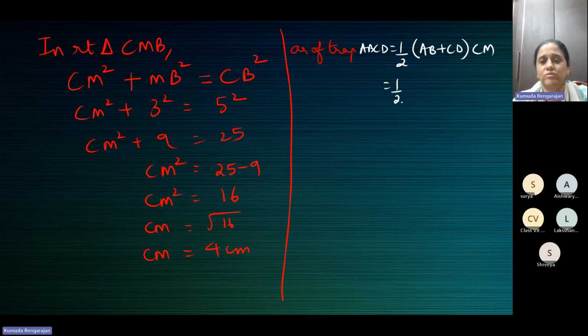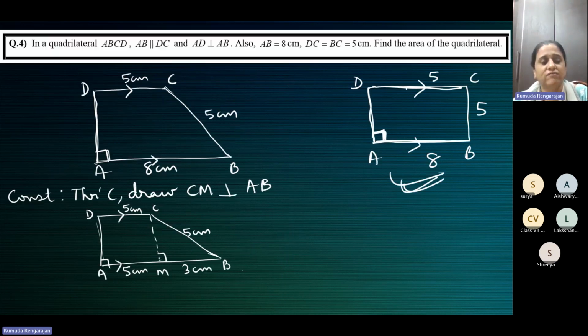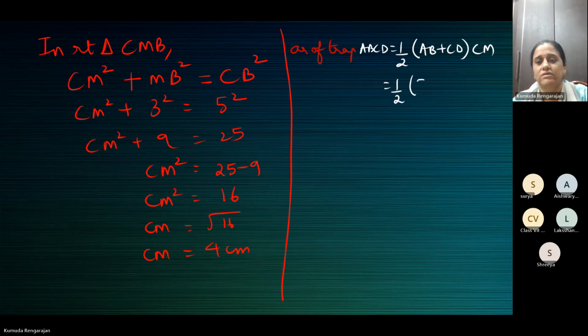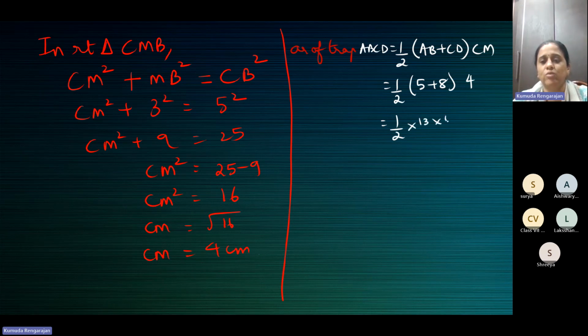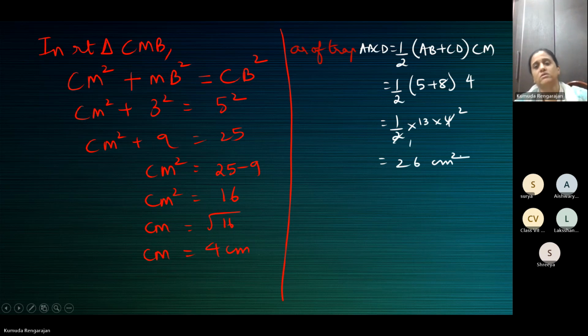So half into 5 plus 8 into 4. So half into 13 into 4. 2 ones are 2, 2 twos are 4, 13 twos are 26 centimeters square. So the area of the trapezium is 26 centimeters square.